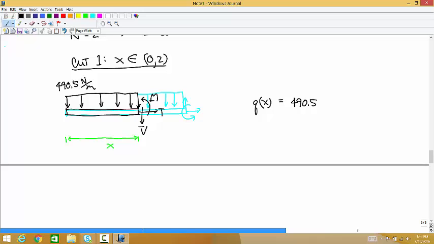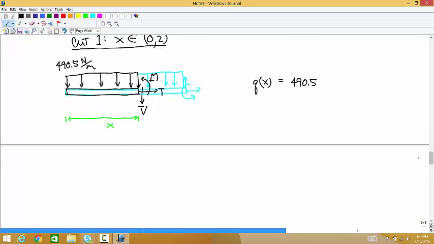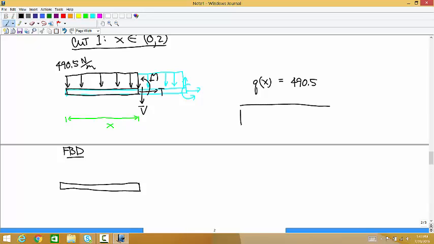And now that we've chosen the body to isolate, we want to represent that distributed load as a point force. The shape that we're dealing with is a rectangle. It has a height of 490.5 and a width of x.